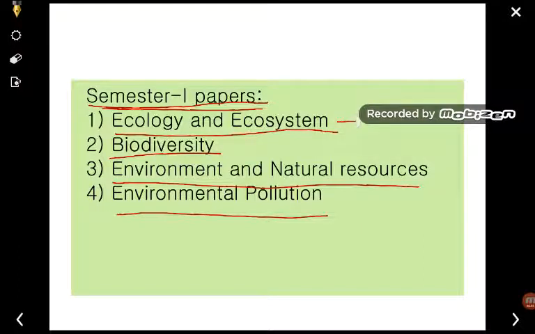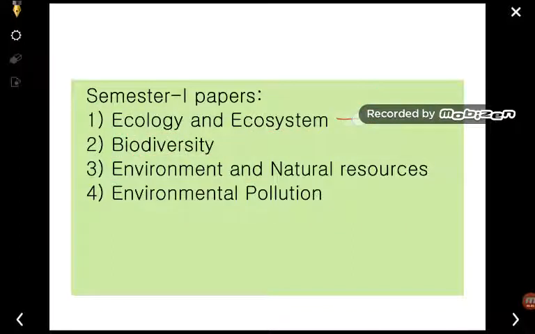You know that each paper is consisting of 4 units. The first paper of semester first, ecology and ecosystem, has 4 units, that is unit first, unit second, unit third, as well as unit 4. Similarly, the biodiversity paper is again consisting of 4 units.